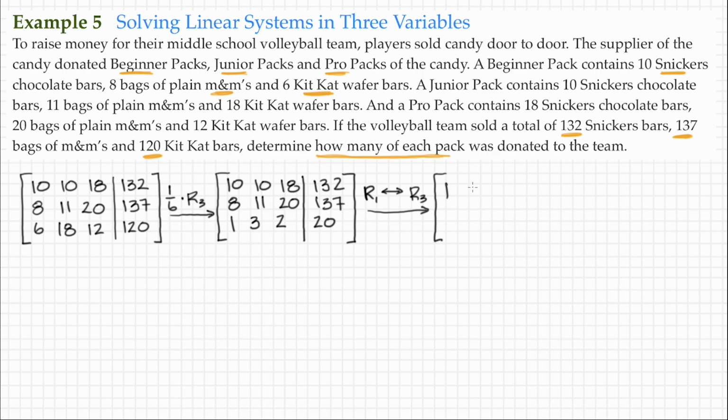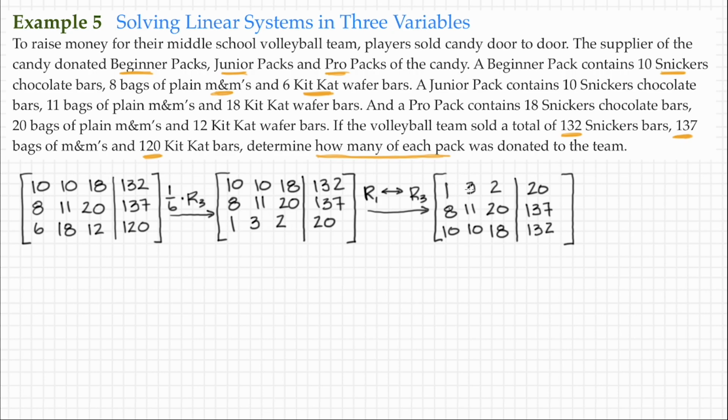So we'll have 1, 3, 2, put in the vertical line, 20, then 8, 11, 20, and 137. And then 10, 10, 18, and 132. And now I can close off the bracket. And you can see where we swapped these two out. Now I have a 1 that's going to start my diagonal here.